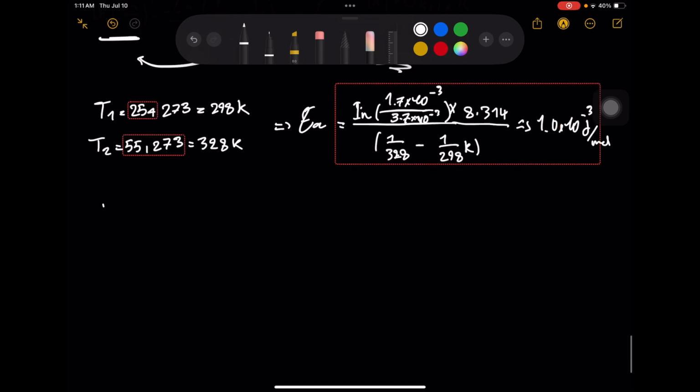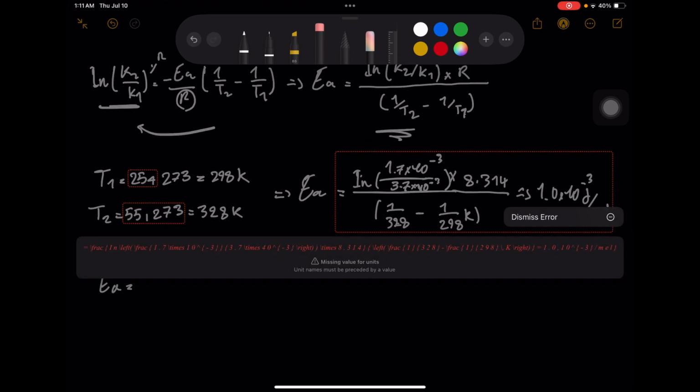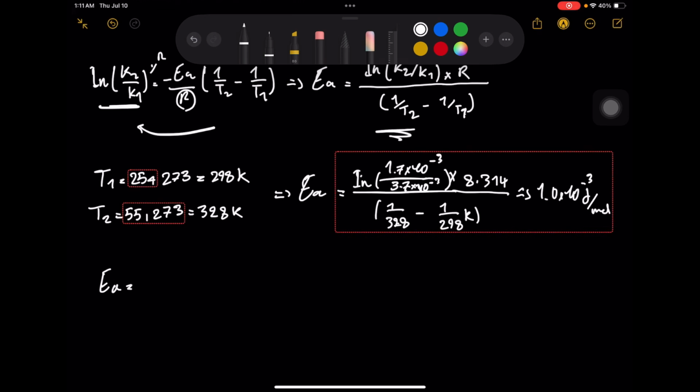Oh, I'm sorry, why did I put negative here? It's 5.